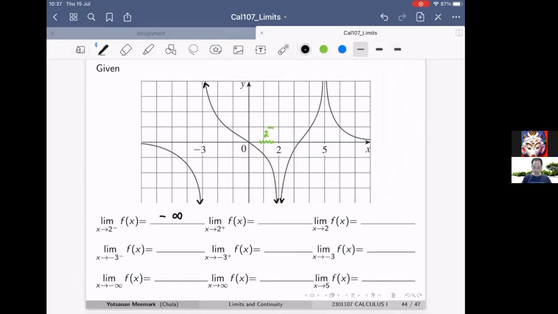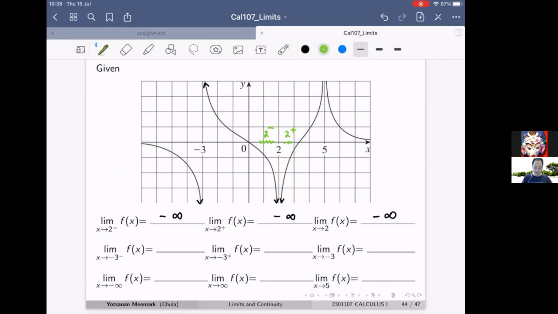Also from 2 on the right, it keeps going down as well, so it goes to negative infinity. So as x goes to 2, the limit of this function is negative infinity because it has the same trend.